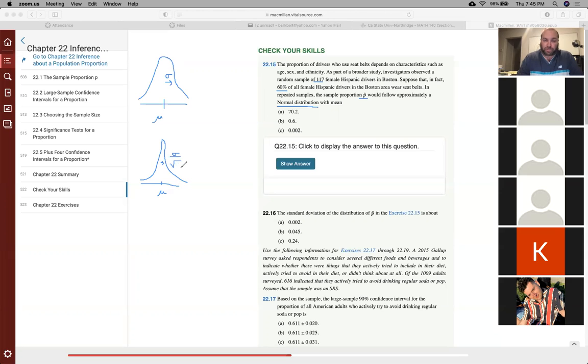That's what we did before. When you go from the population distribution to the sample distribution, you keep the mean the same, but it gets skinnier by dividing by the square root of n. Well, the same thing is going to happen here. Even though we have a sample, the proportion p hats should still follow.